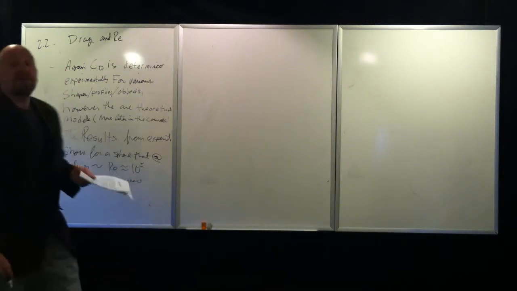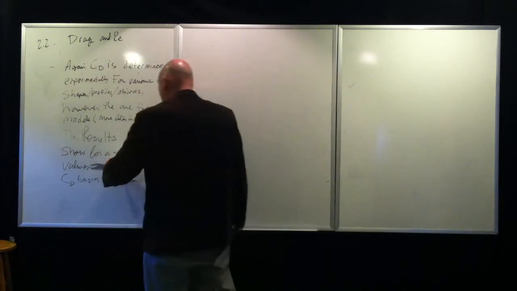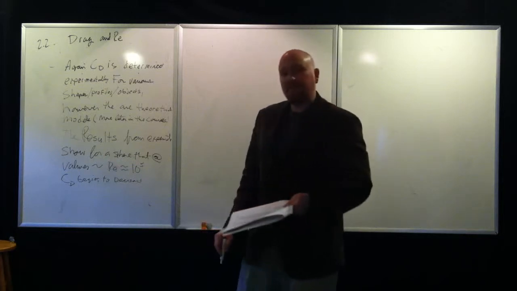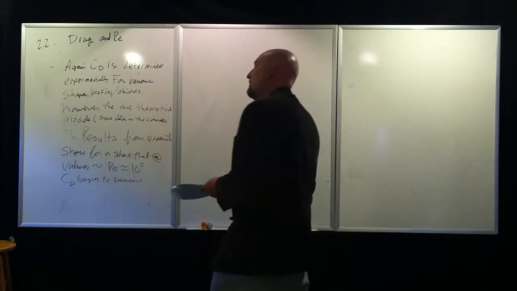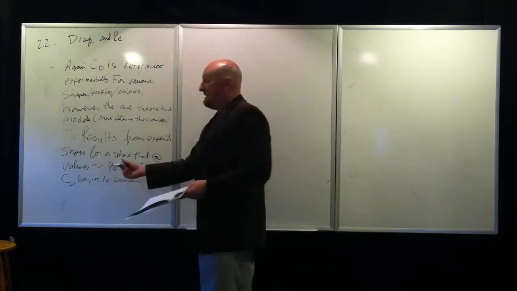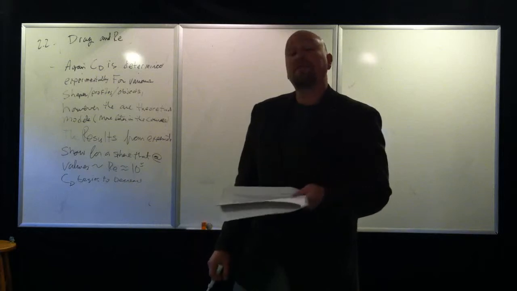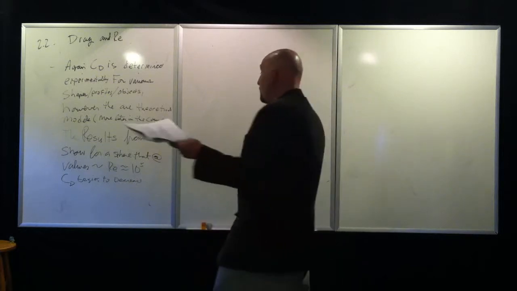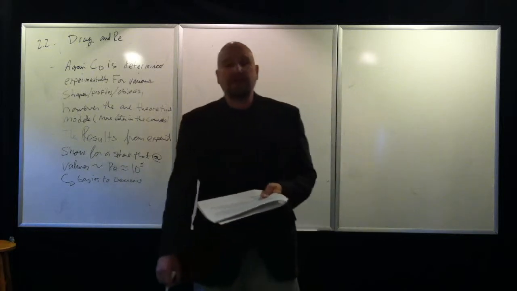Okay, the results from experiments show that at Reynolds number on the order of magnitude of 10 to the 5th, the coefficient of drag decreases. If you remember from previous points in this course, what occurs when a Reynolds number gets to be about the order of magnitude 10 to the 5th?